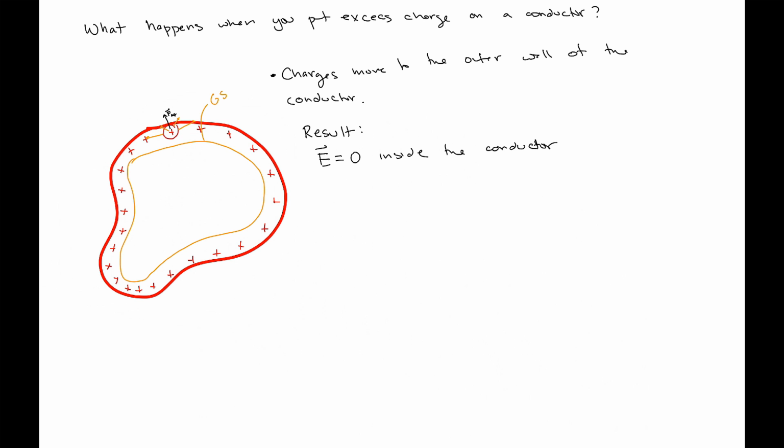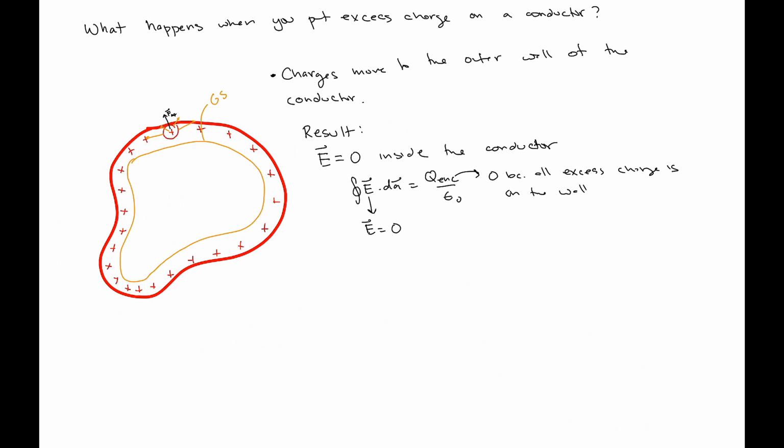And inside this Gaussian surface, I know that the enclosed charge is zero because all the excess charge is on the wall. Okay, therefore I can conclude that inside my conductor, this electric field is also going to be equal to zero.